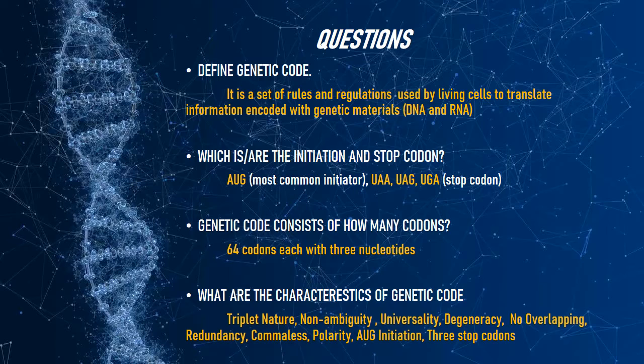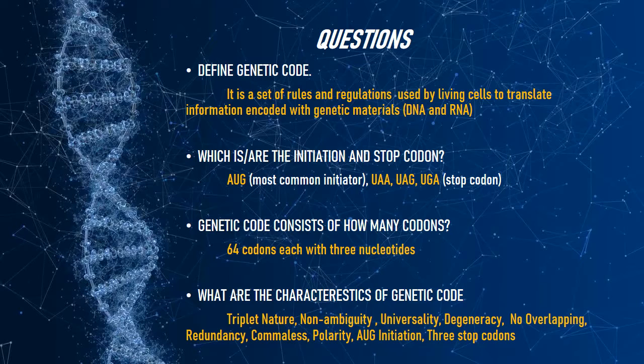Now these are some questions given along with their answers regarding genetic code. Define genetic code. It is a set of rules and regulations used by living cells to translate information encoded within genetic materials, DNA and RNA, which are the initiation and stop codon. AUG, most common initiator; UAA, UAG, UGA, stop codons.